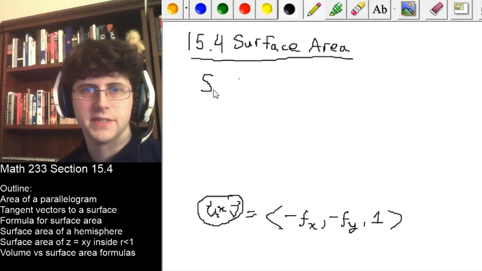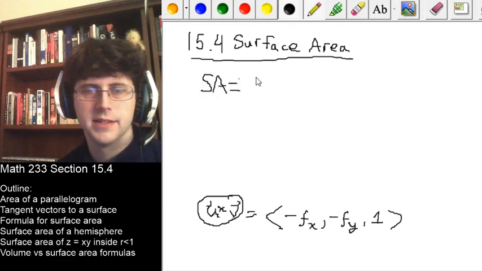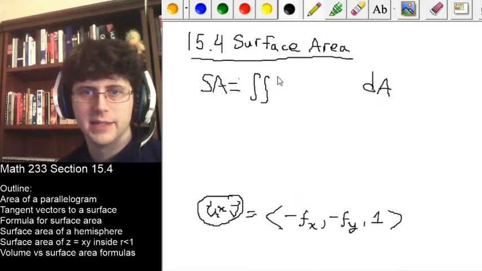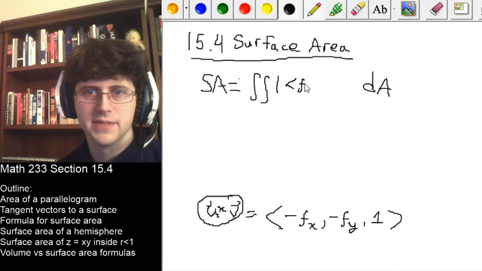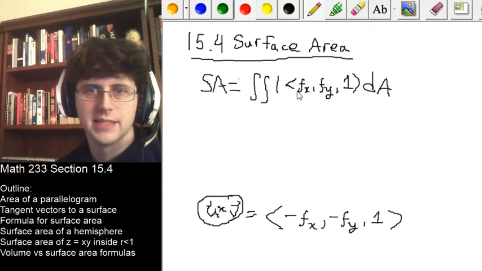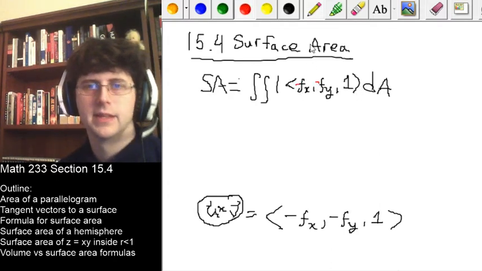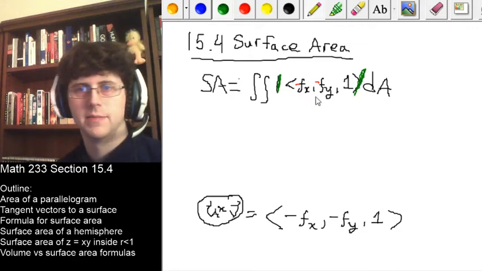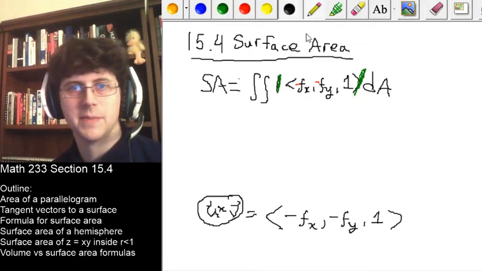So this gives us our surface area formula. It's the double integral. So we're going to add up all these little parallelogram areas. And the area of the parallelogram is the magnitude of this vector, minus fx, minus fy, 1. I guess these minuses are in here, but they don't really matter. So we're going to find the magnitude. Worst absolute value bars ever, but there they are.